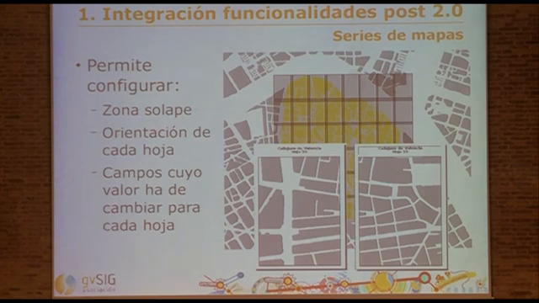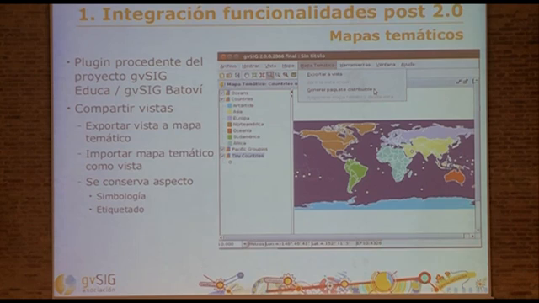This particular functionality allows you to identify overlapping areas, to individually align the sheets or rotate them based on the orientation of whichever cartographic phenomenon to be printed out. And it also allows you to configure the fields that will have different values in different drawings. You can see a street view, a map of the street map, which is a very common case.